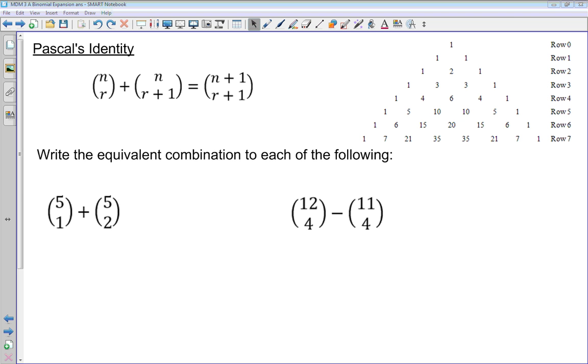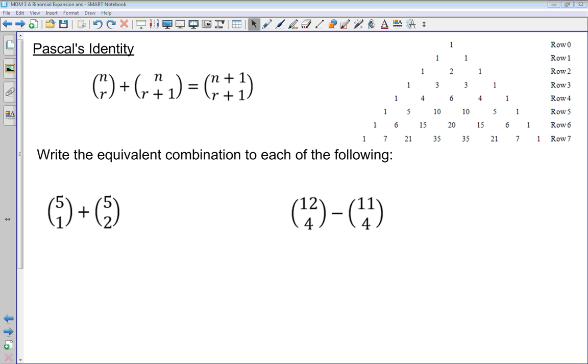If we look at Pascal's identity, we've got a value for n and a value for r. It relates n and r to another combination involving n and r plus 1, and these are equal to a combination with n plus 1 and r plus 1. When approaching these questions, think about what number to put in for n and what number for r.